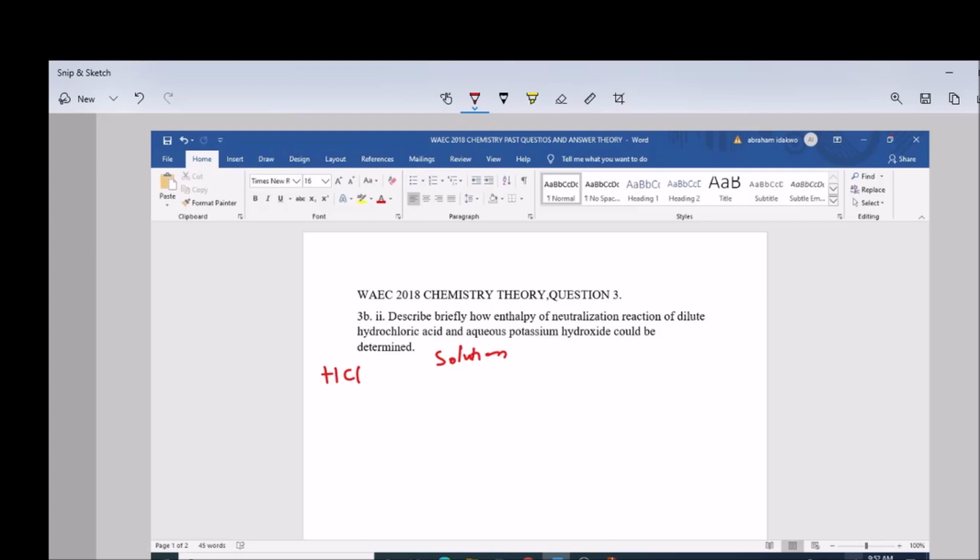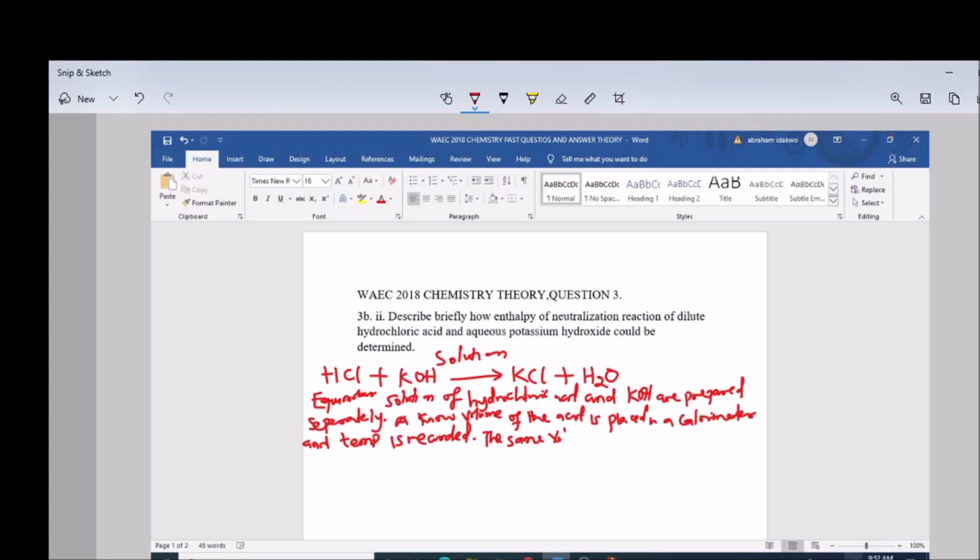So the same volume of potassium hydroxide, KOH, solution at the same temperature is poured into the calorimeter just to measure the heat.